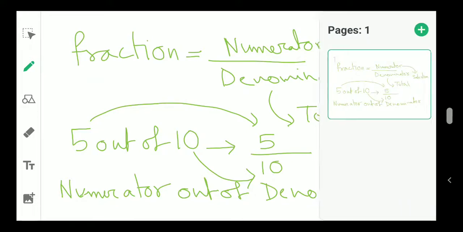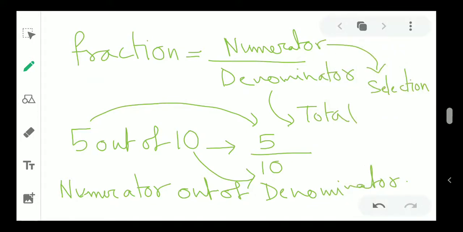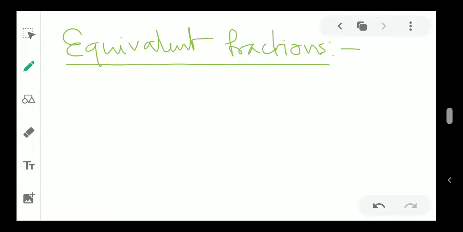Now remembering this thing, we can also remind about equivalent fractions. Like 5 by 10, let's say you had 10 chocolates.